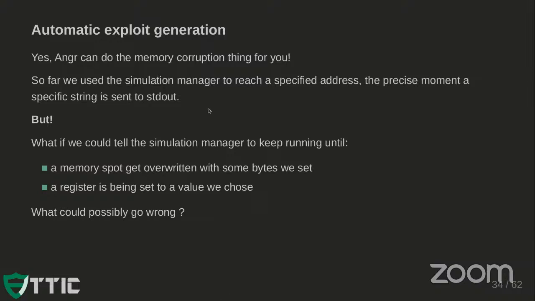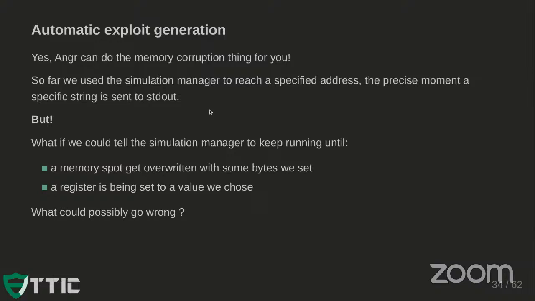So the idea is we get the simulation manager to keep going, so we don't specify a destination address, but we make it step, and then we check the machine state, and we mark some input as symbolic as usual.